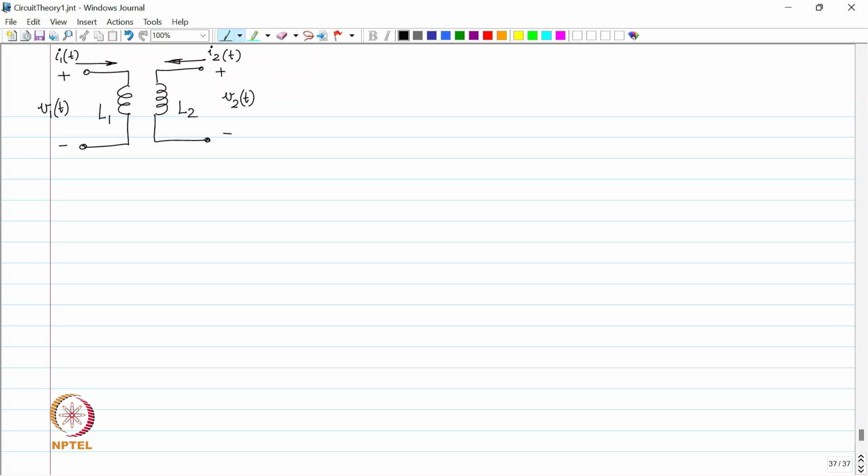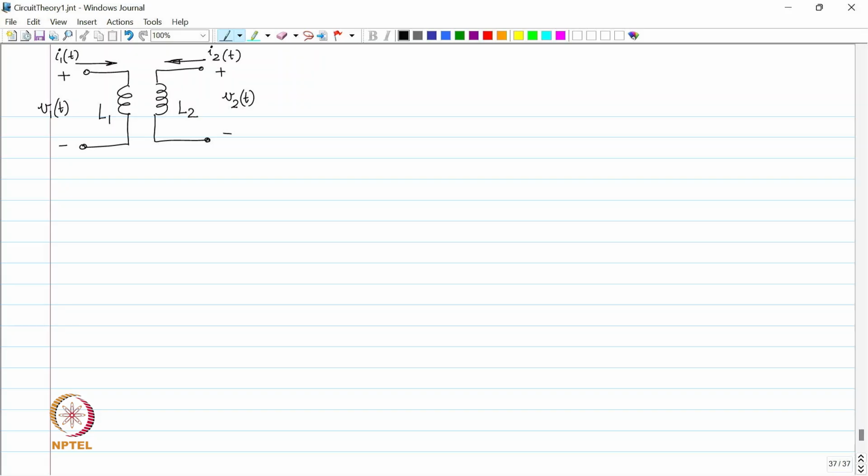The convention is that whenever I use small letters, I am talking about something happening as a function of time. Small i 1 means it is a function of time. Whenever I use capital letters, I am talking about a phasor.